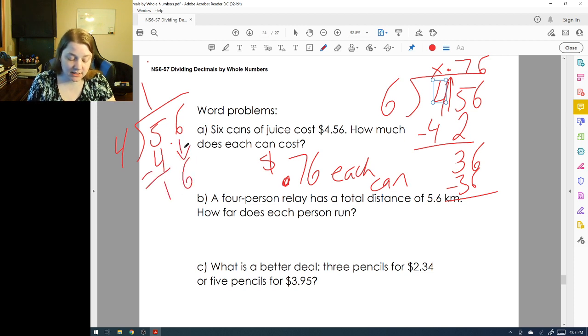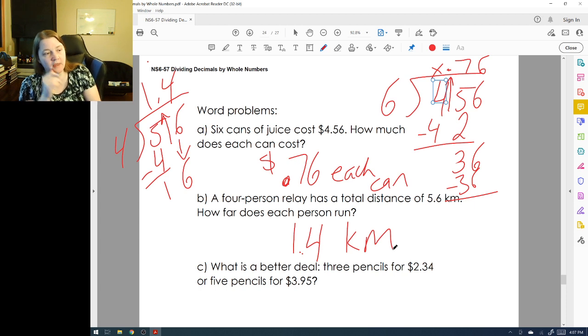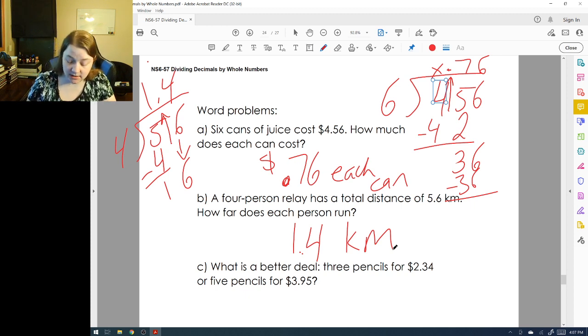Bring down the 6. 4 goes into 16 4 times, which means each person is going to have to run 1.4 kilometers. Last question, you get to compare 3 pencils for $2.34 or 5 pencils for $3.95.